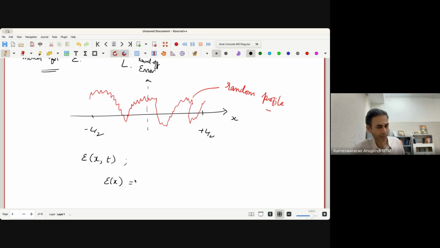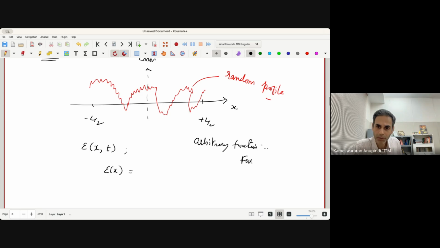And then if we have any arbitrary function, we can always decompose it as a Fourier series. That means I can write this particular function epsilon x. It need not be this function. Any continuous function you can always represent as a series of Fourier terms.